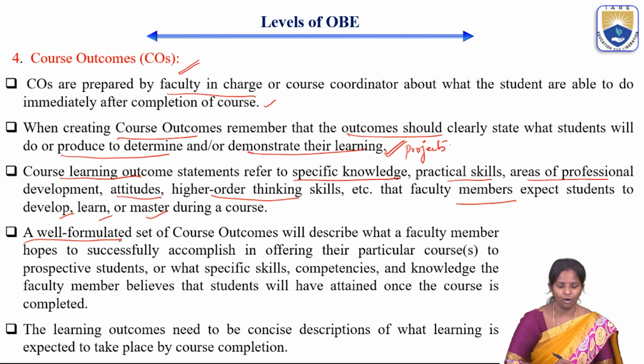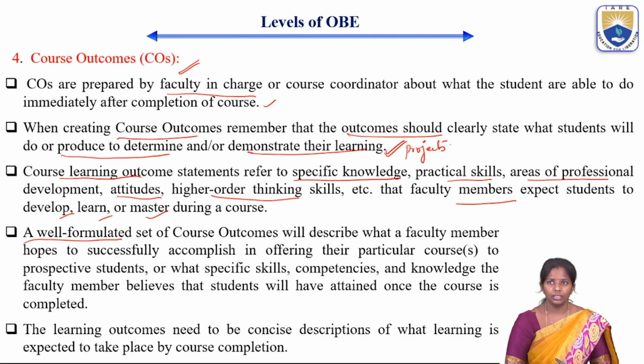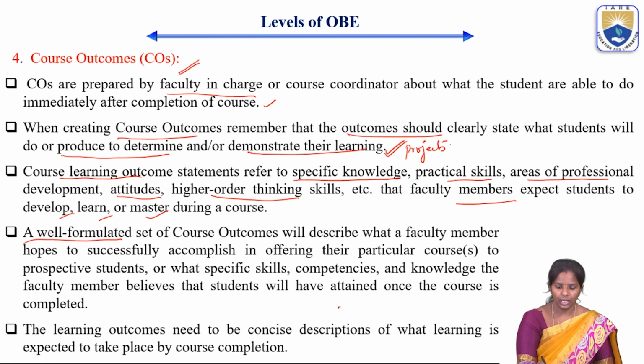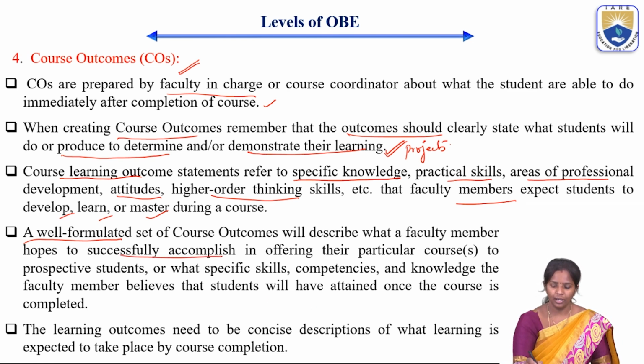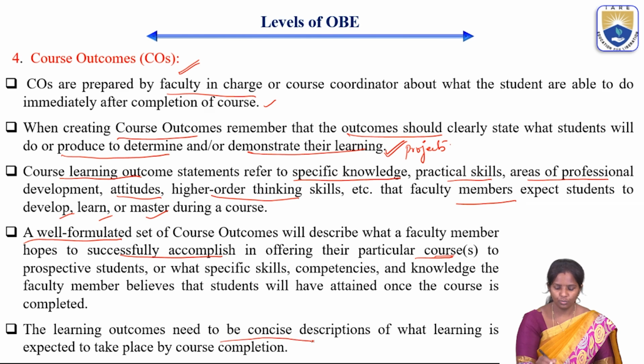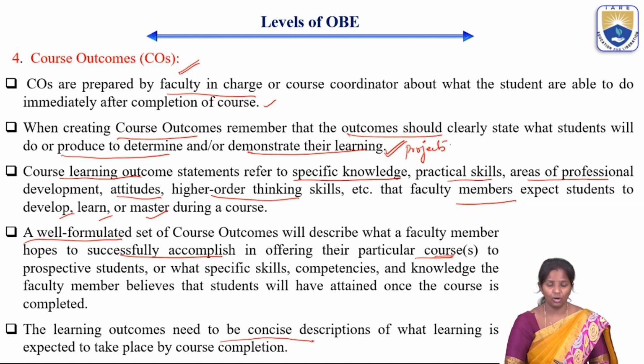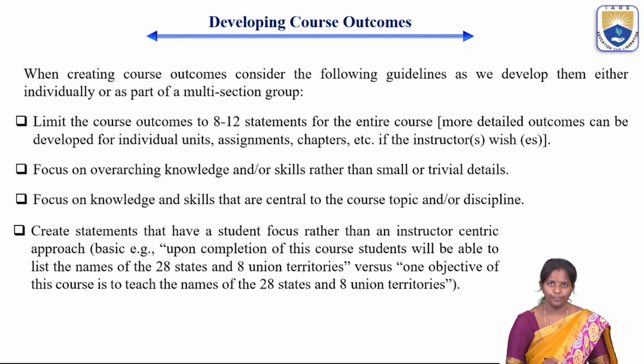So a well formulated set of course outcomes is described so that they will be able to successfully accomplish in their particular course. So this is how we define the course outcome, and the learning outcomes need to be concise descriptions of what learning is expected to take place by course completion. So learning outcome is very important. That is also given in a concise description so that they complete during the course.